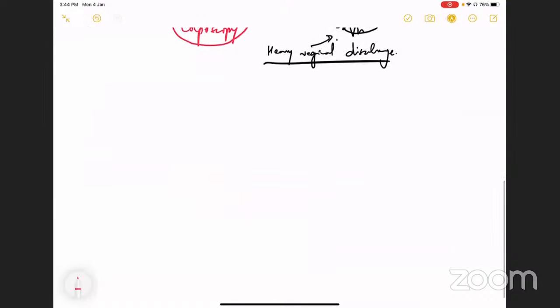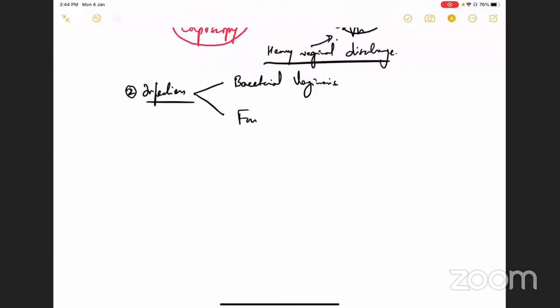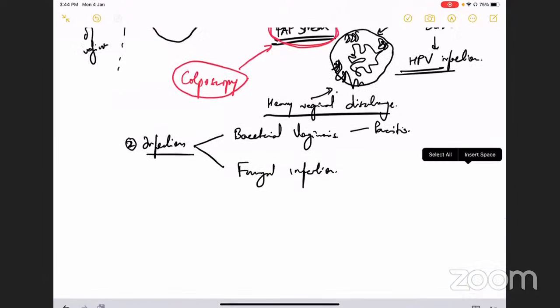Now, after this most common cause has been documented and studied, the second most important thing is to please rule out infection. And in our country, the most common cause of infection is going to be bacterial vaginosis. Okay, very common cause. Second most common cause is going to be a fungal infection. Now, bacterial vaginosis can be caused by a lot of bacteria as well as parasitics like Trichomonas, Gardnerella, all these things, okay, they can cause this particular infection.